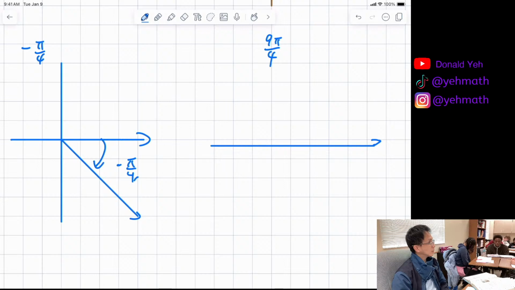Charlotte? You're not sure how to determine the quadrant. Good question. That's fine. Okay, so Jesus? Second. Katie? First. First is correct.